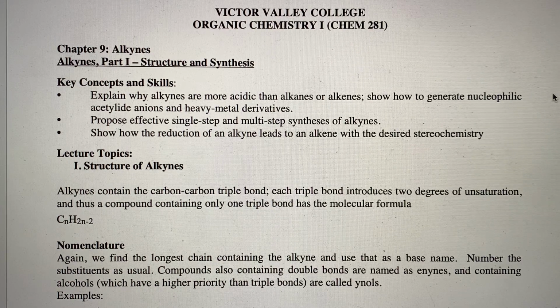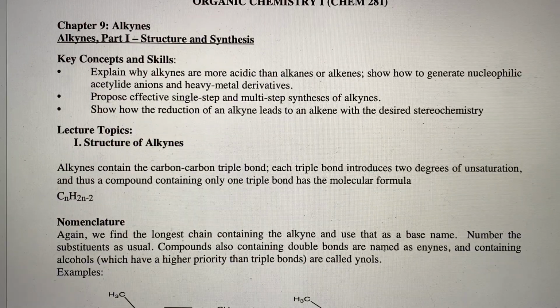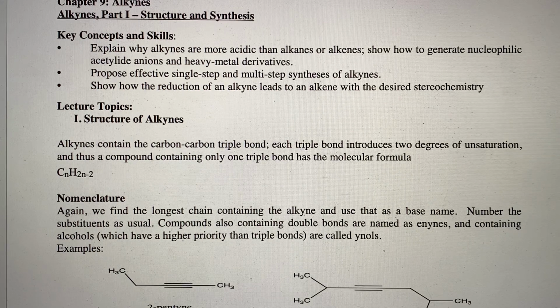So let's start out with structure. Okay, as you know, alkynes have triple bonds. The simplest alkyne has one triple bond, and so that gives us 2 degrees of unsaturation. One triple bond consists of a single bond, the first bond, which is the sigma bond, and you have 2 pi bonds, and 2 pi bonds make it 2 degrees of unsaturation.